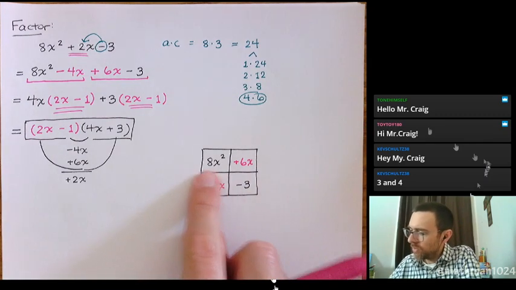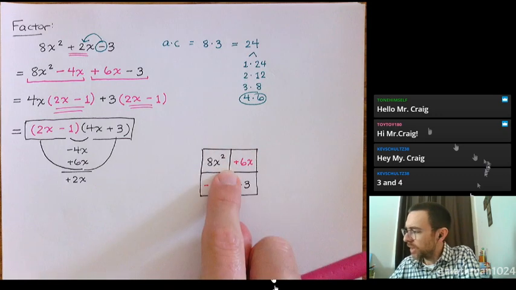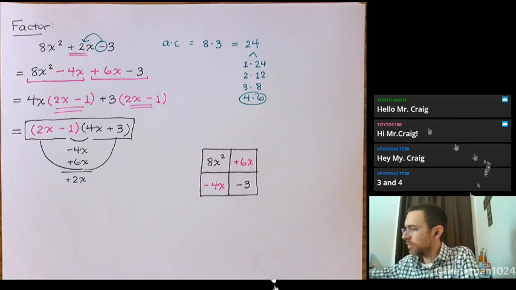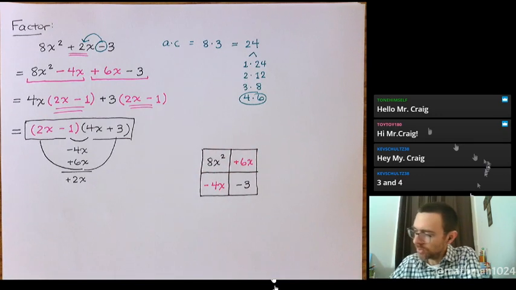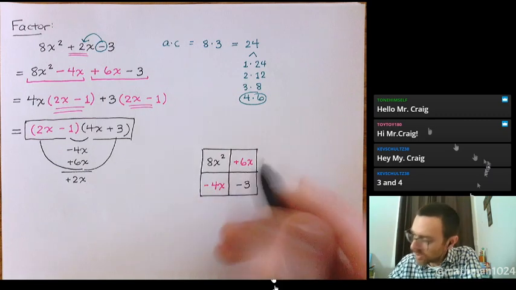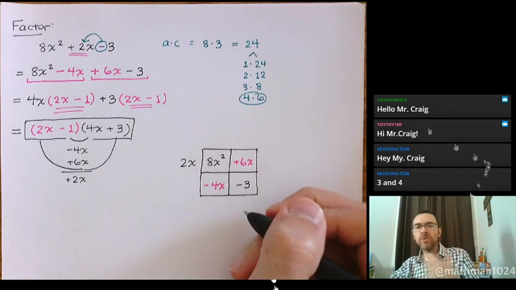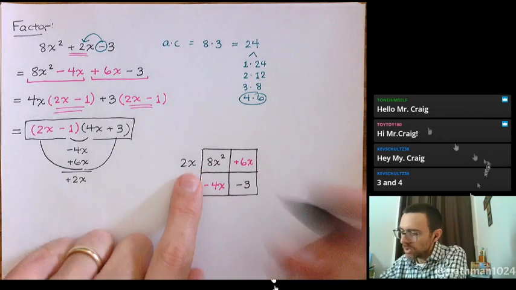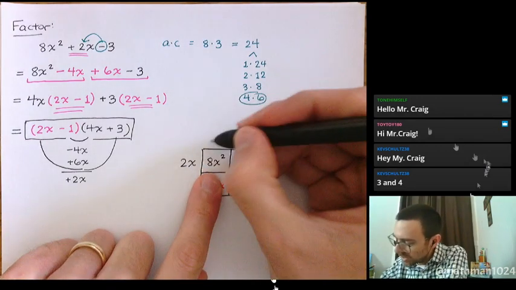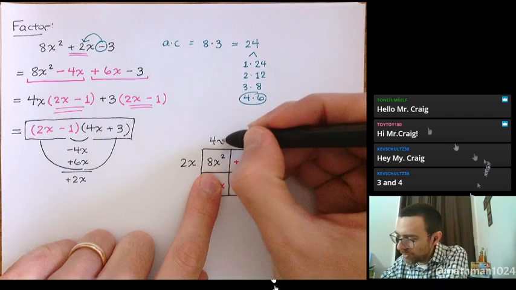So, if you look at this, it's all about finding the greatest common factor. So in this first row, our common factor for 8x squared and 6x is 2x. That means we're taking a 2x out of both of these. So 2 goes into 8 4 times, so that should be a 4x.